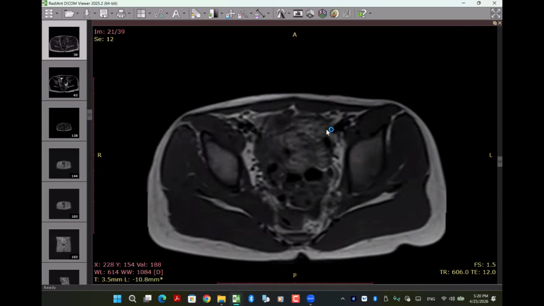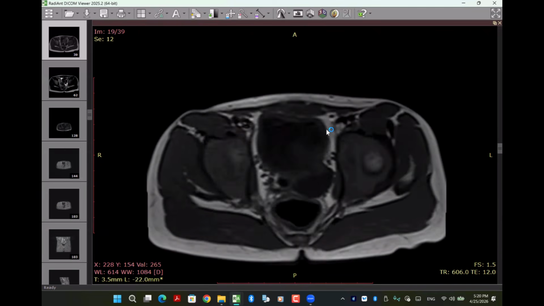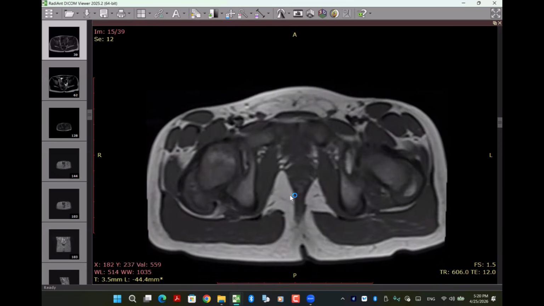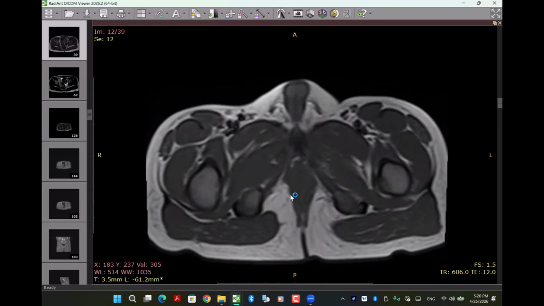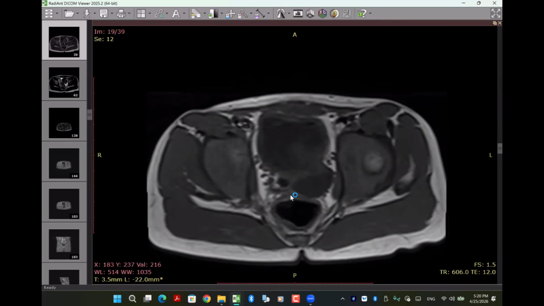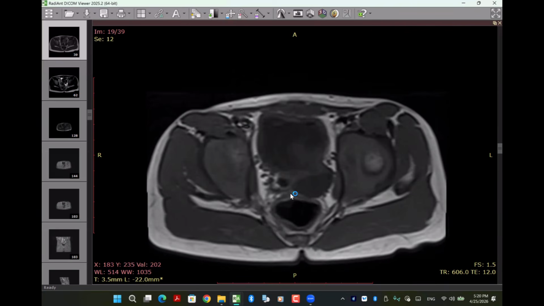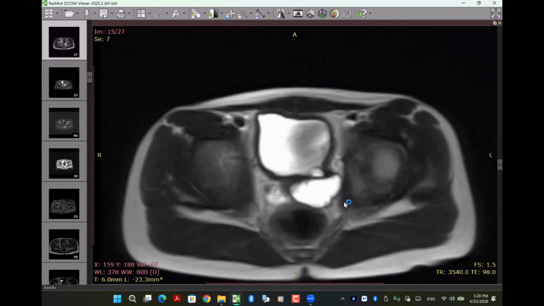This is a young boy presented with abnormal ultrasonography. Okay, sir. So I'm provided with axial T1 weighted images of the pelvis of a male patient, in which I can appreciate a hypointense lesion posterior to the urinary bladder on the left side of the pelvis.